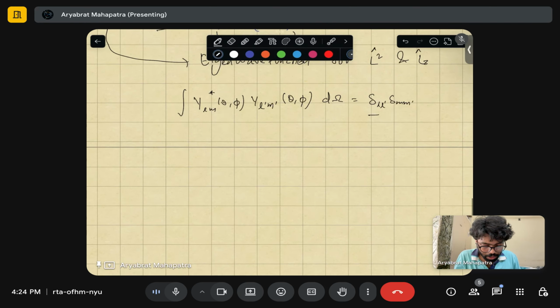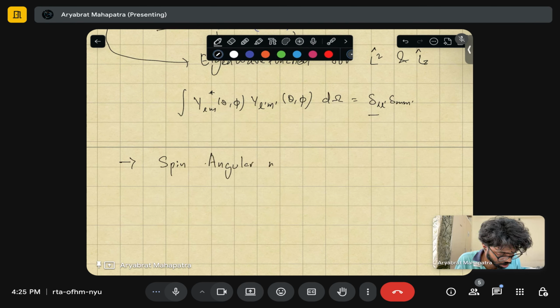Similarly, in quantum mechanics, what you have more is spin angular momentum. For a quantum particle, it is difficult to imagine how the spin quantum number would be there.